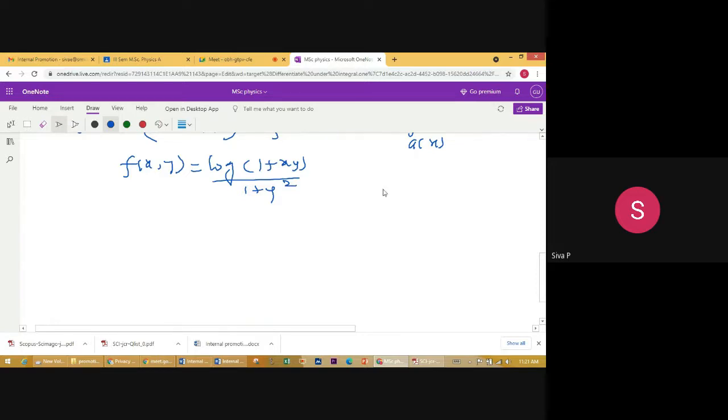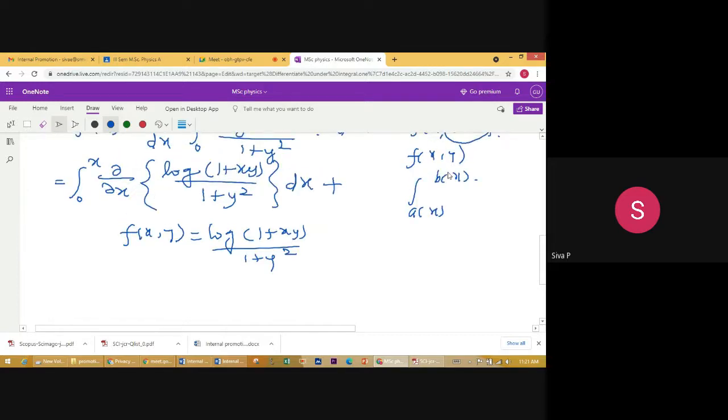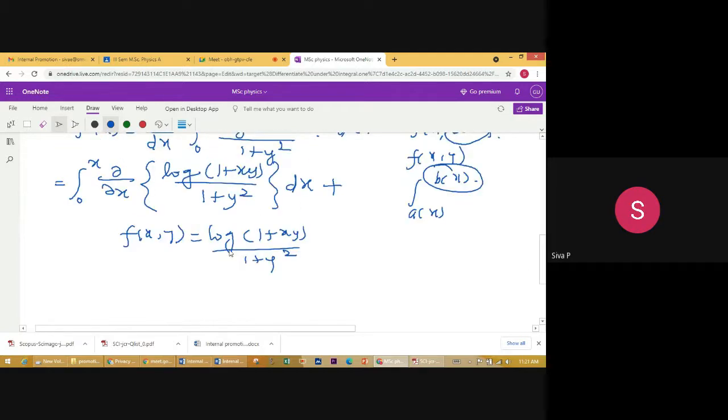Now in the place of y, b of x is there in the integration. That means f of x comma b of x is log(1 plus x square) divided by (1 plus x square). That's it.